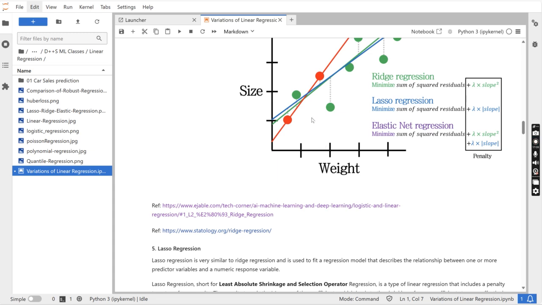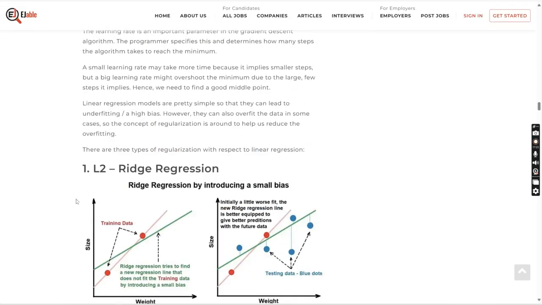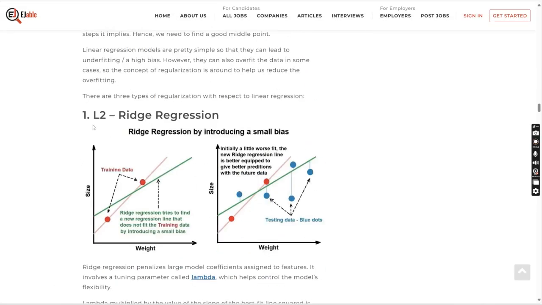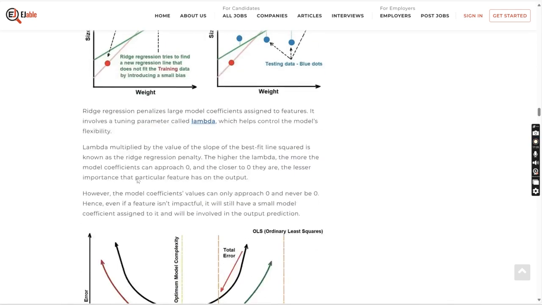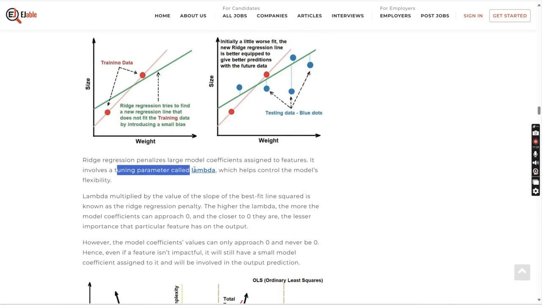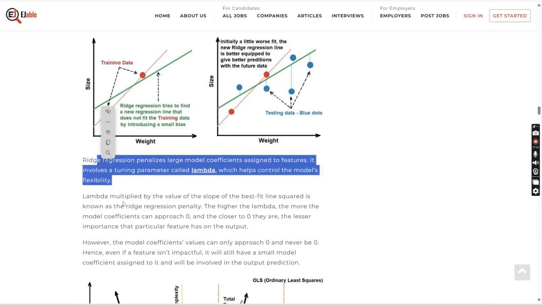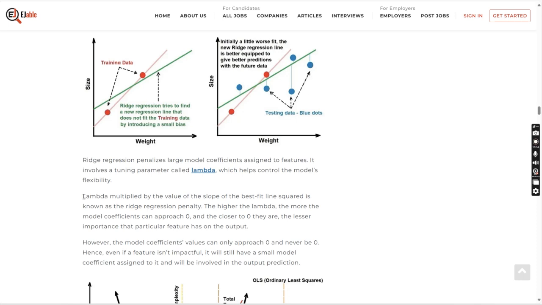Just grasp the concept for now. We will see technically what happens. I have attached a link where they have given a much better explanation. We call lambda a tuning parameter. This lambda is a value selected by us and multiplied to the value of the slope.